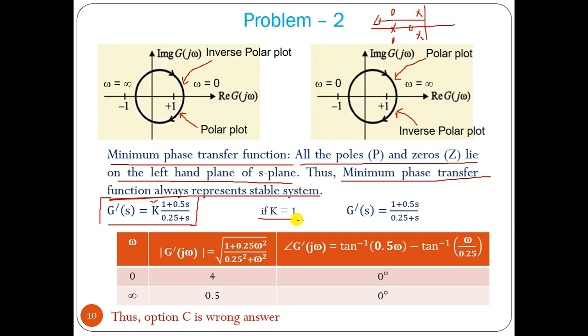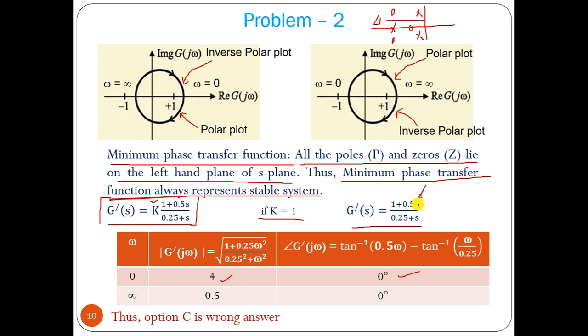Now if we put k equal to 1, this is the transfer function. Putting s equal to j omega, find the magnitude and put omega equal to 0. So s becomes 0, the magnitude should be 1, and the angle is tan inverse 0 minus tan inverse 0, so it will be 0 degree.